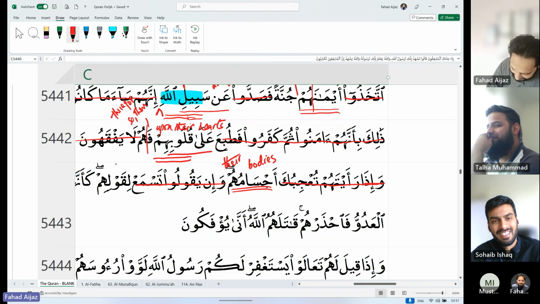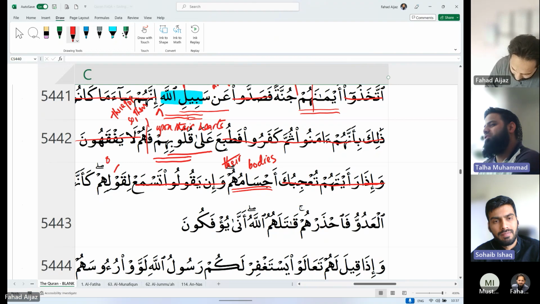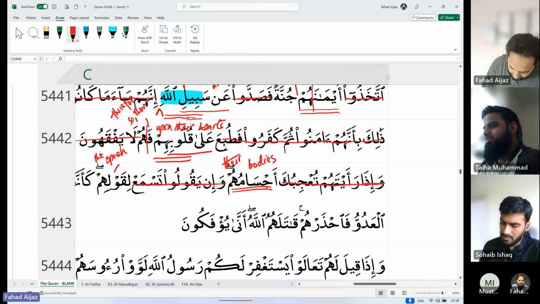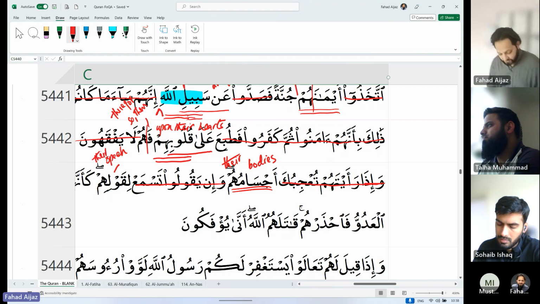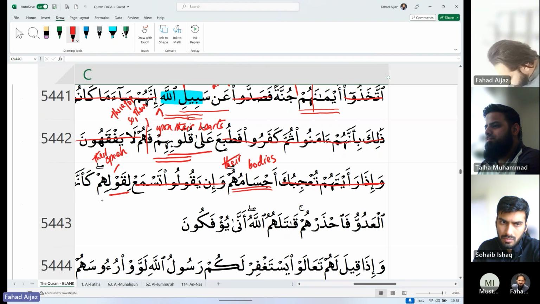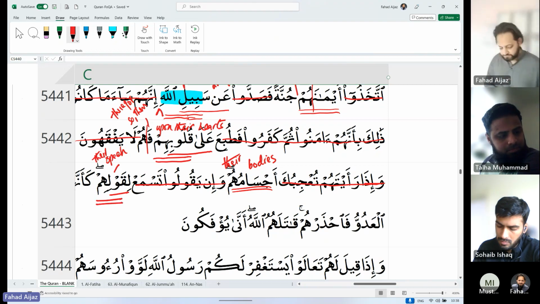So qawli means their speech. Him is of course a pronoun, so it is their speech. Li is a harf of jar, you're correct. So qawli is majroor after the harf of jar, and him is the idafa.